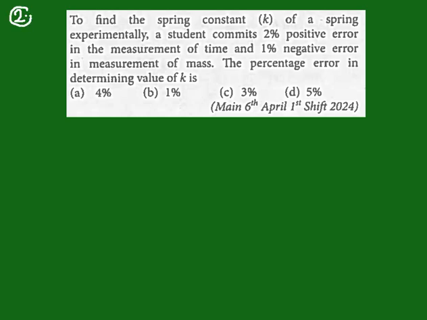In the second question, to find the spring constant K of a spring experimentally, a student commits 2% positive error in measurement of time and 1% negative error in measurement of mass. Find the percentage error in determining the value of K. So, a very famous result from simple harmonic motion.